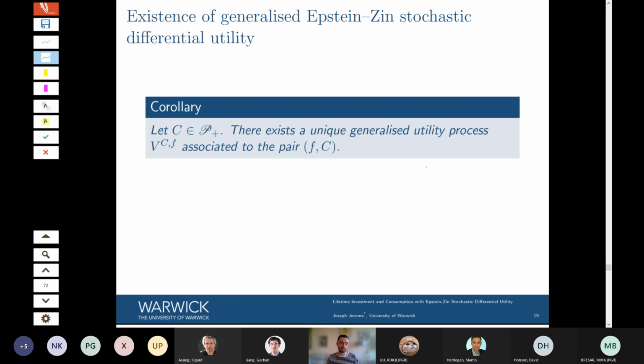That's really nice, because it means we can have a meaningful utility that we can associate to any consumption stream, so any non-negative progressively measurable process. We can also show that in the case R less than 1, this ends up being the minimal supersolution, and in the case R greater than 1, it ends up being the maximal subsolution. So it's also a nice process.